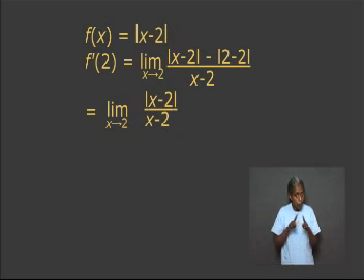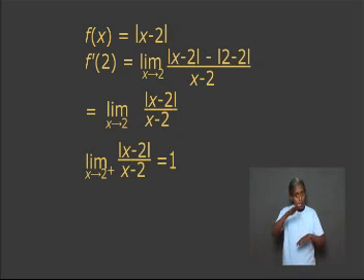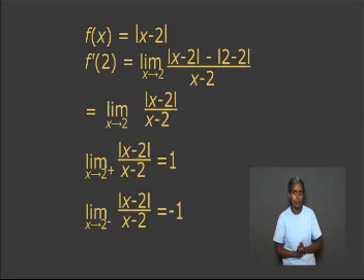But there is a problem. The limit as x approaches 2 from above equals 1, and the limit as x approaches 2 from below equals -1. Both of the one-sided limits exist, but they are not equal.